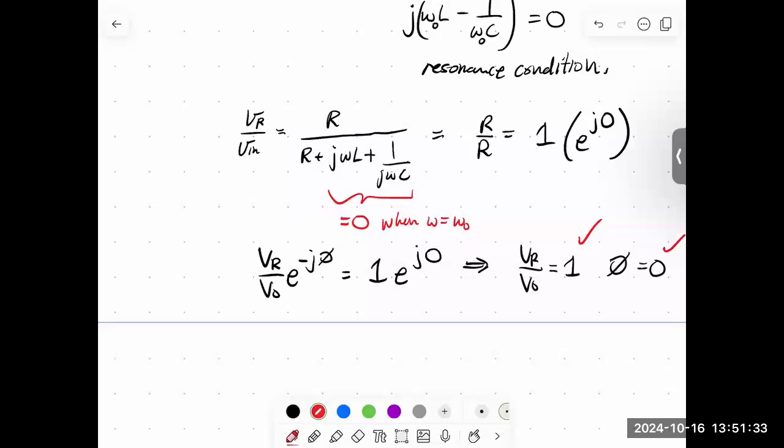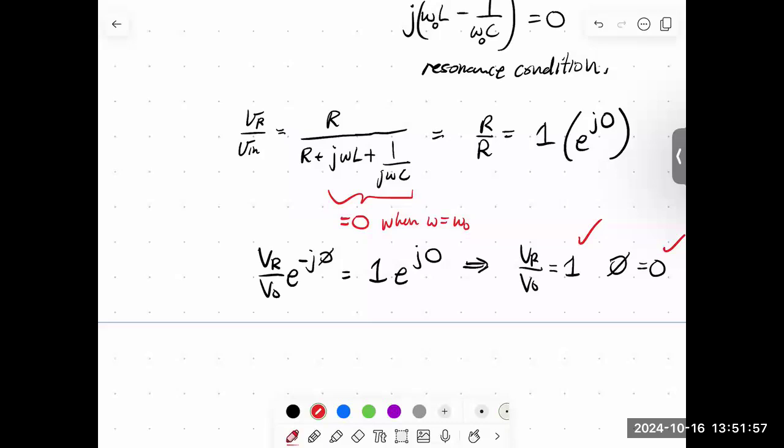So the takeaway from this is when you have an impedance that is purely real, no imaginary components, your phase is 0. It's when the imaginary part of your impedance is non-zero that you get non-zero phases.